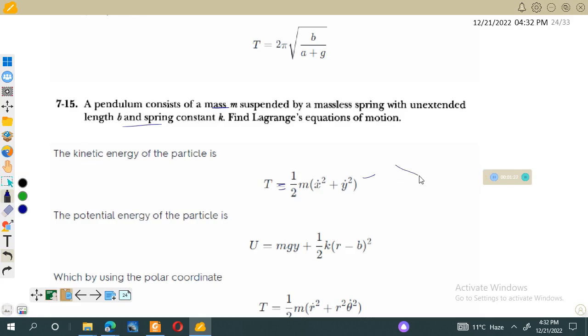If we consider this spring-block system, we can find x dot and y dot using polar coordinates: x is equal to r cos theta and y is equal to r sin theta. Substituting x dot and y dot gives m over 2 times r dot squared plus r squared theta dot squared, which we have already evaluated in the previous question. We will not go into this detail.